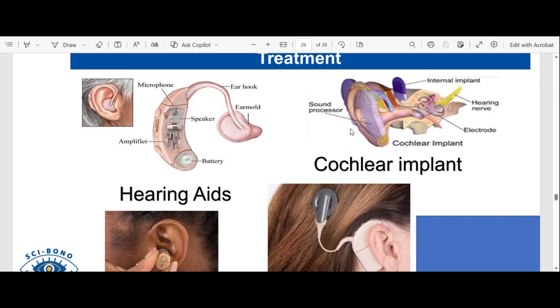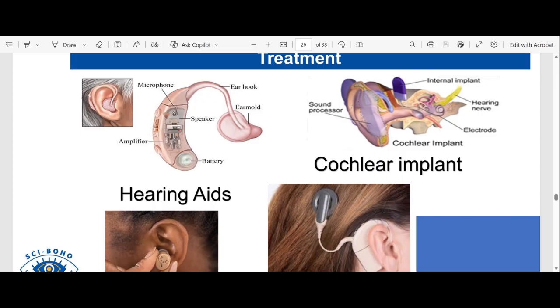So this is a synthetic cochlea. It's a cochlear implant, right? So you have your internal implant, hearing nerve, which replaces the auditory nerve. Then the sound processor, right? Obviously, it processes sound, which means that sound is converted from a stimulus to an impulse. So it acts as a cochlea.